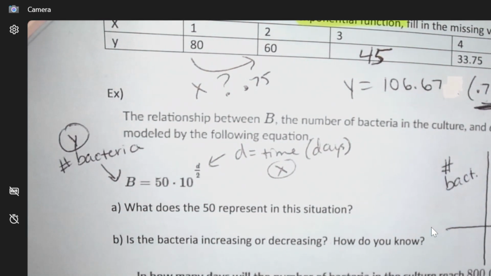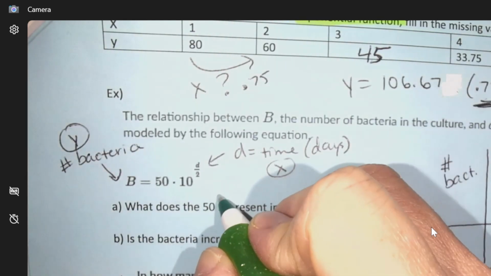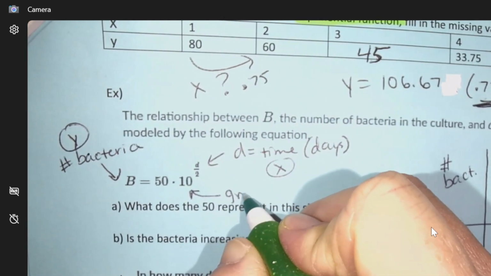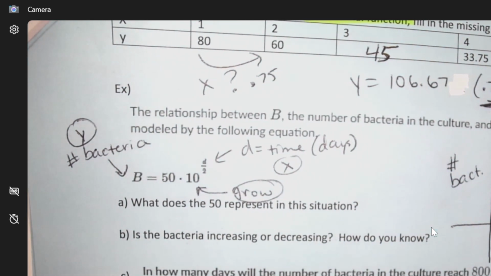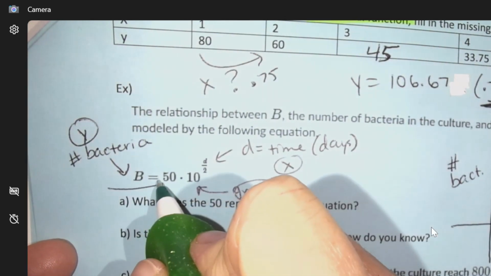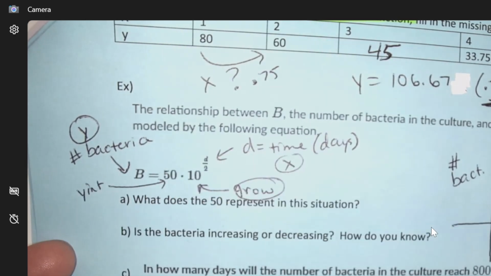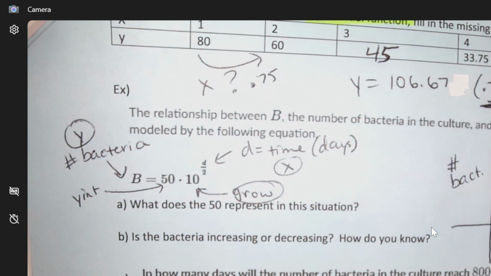Okay, can anybody tell me if this is growing or decreasing? Growing. What's your base? 10. It's going to grow. What's my y-intercept? My y-intercept is 50. Does anybody know what they'd already put on their window if it's going to have a y-intercept of 50 and growing?